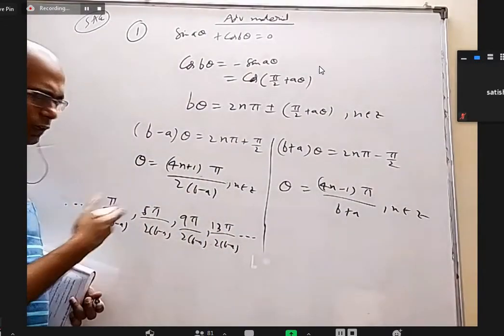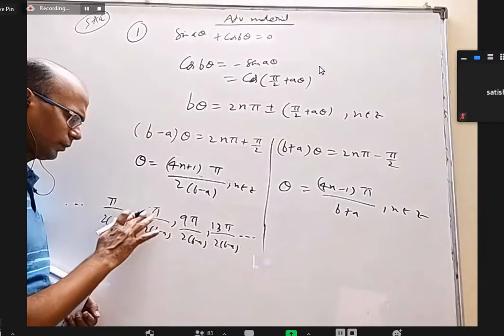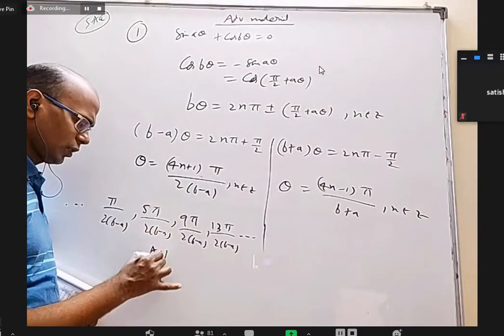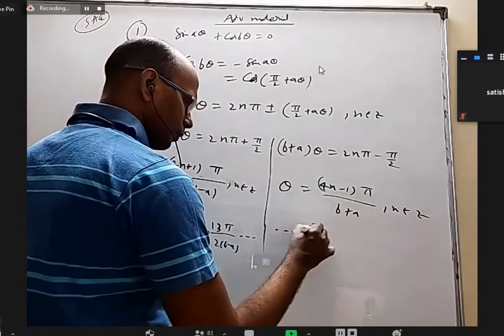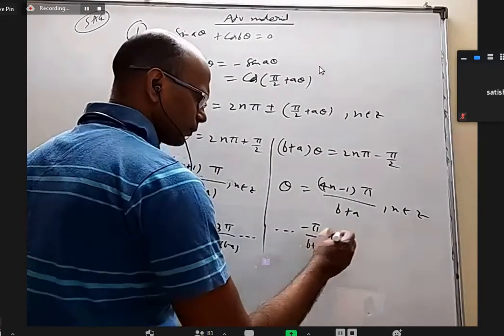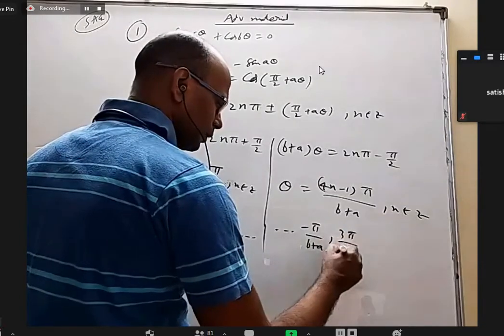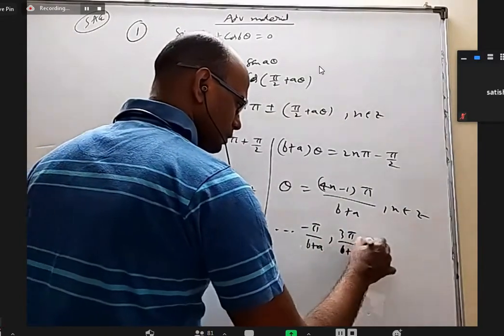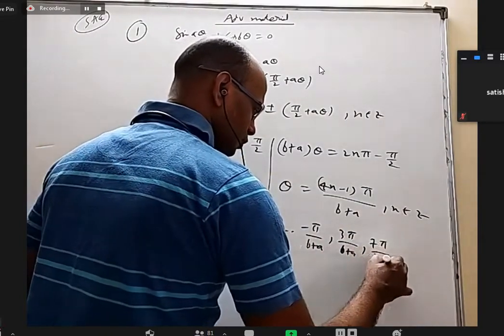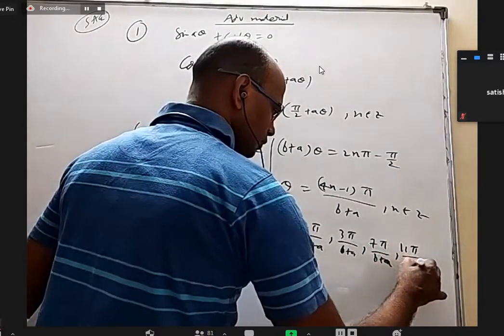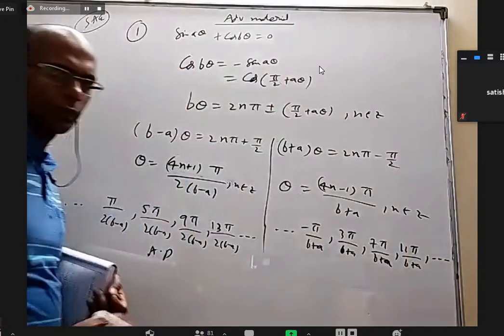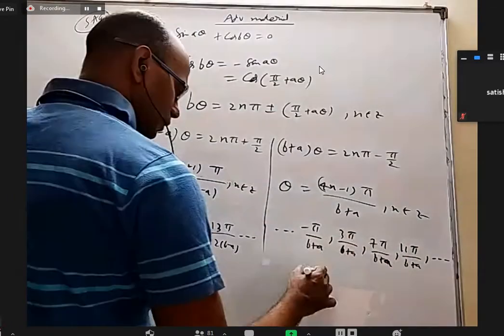But they're in AP. You can even tell what the common difference is, right? So this is one AP. Here also, same way, if you put 0, you'll get minus pi by b plus a, 3 pi by b plus a, 7 pi by b plus a, 11 pi by b plus a, so on. That is another AP.